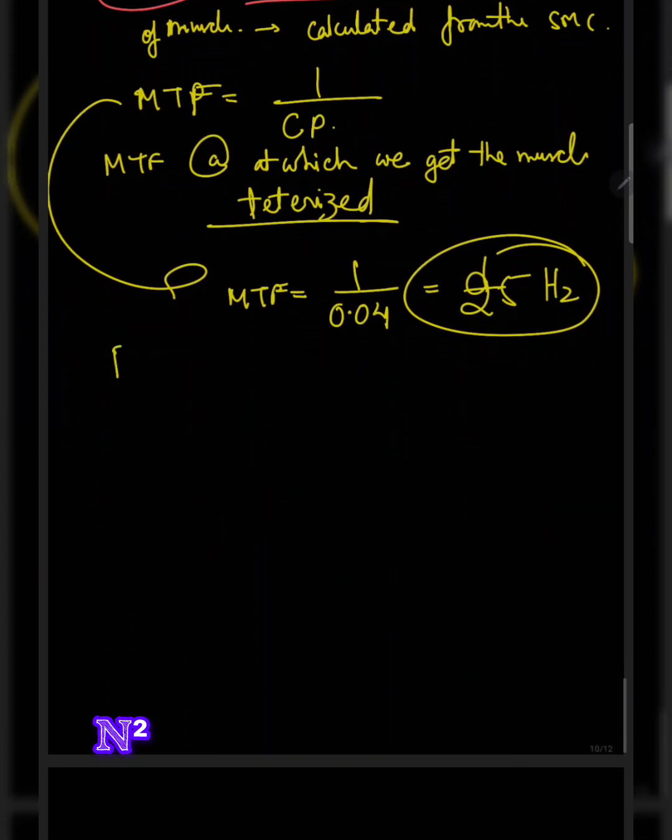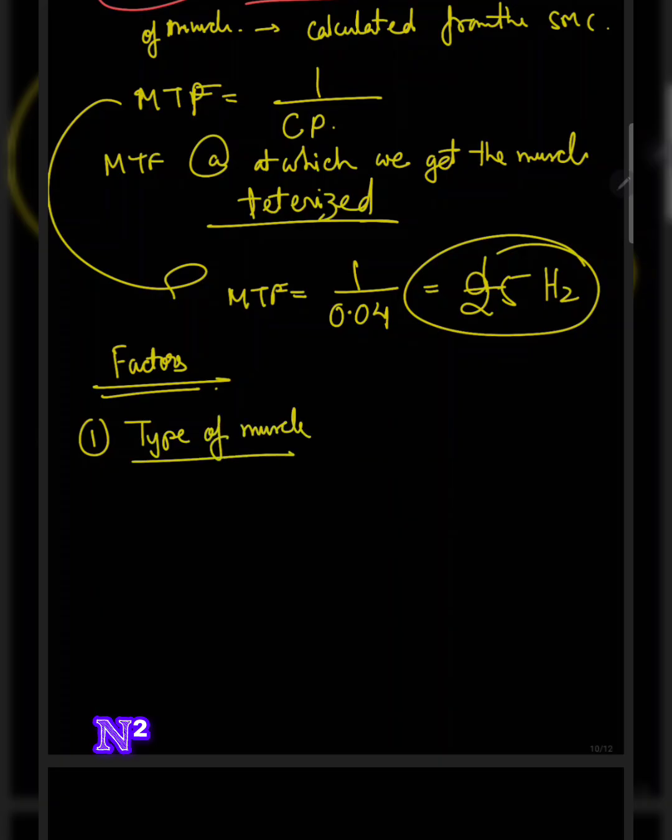Now the factors which affect the MTF are, first, the type of the muscle. Usually in a slow muscle the MTF is low because you need a lesser frequency to achieve the tetanus.